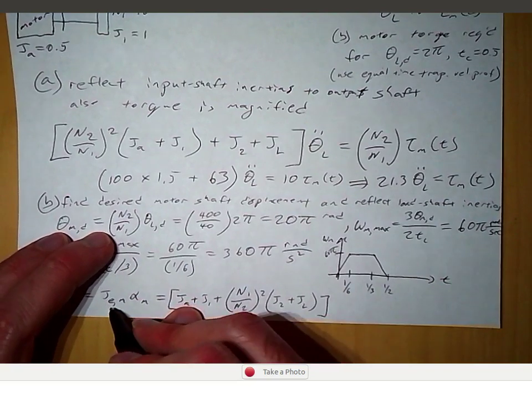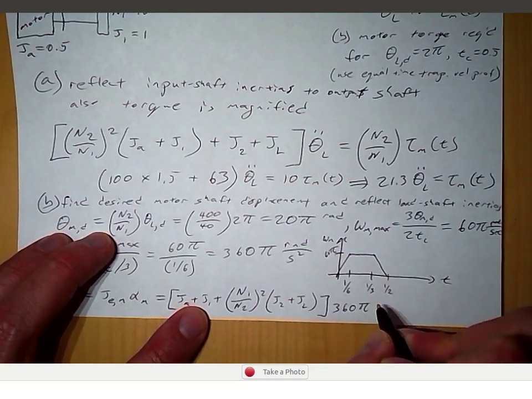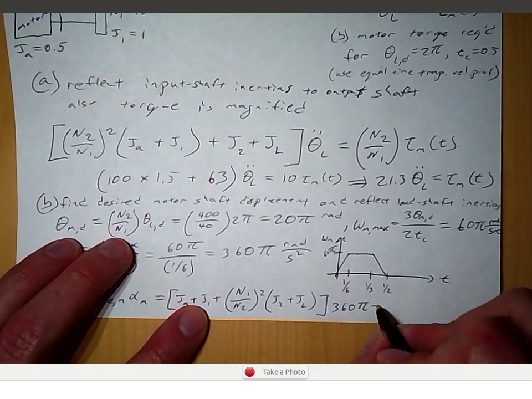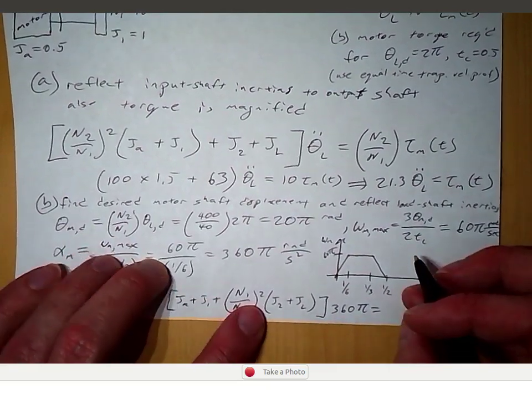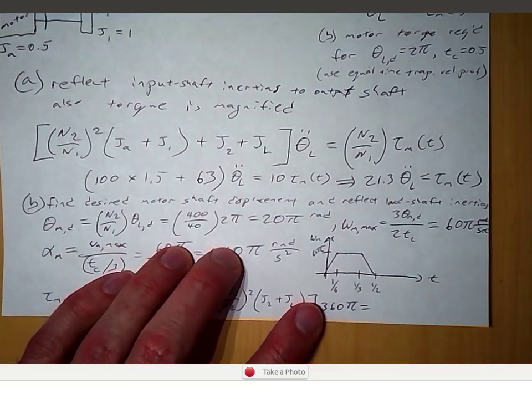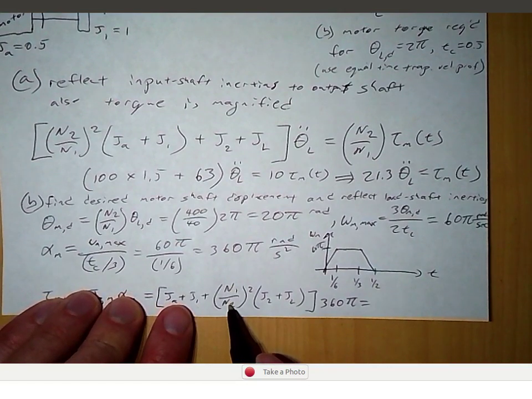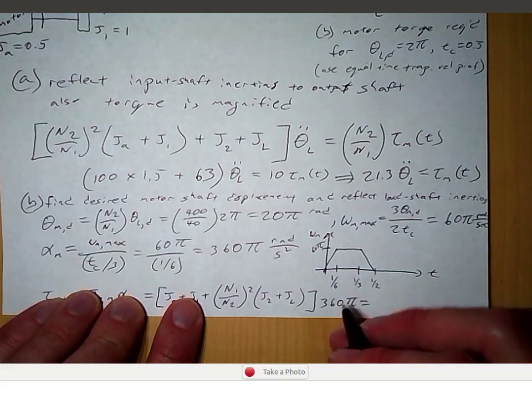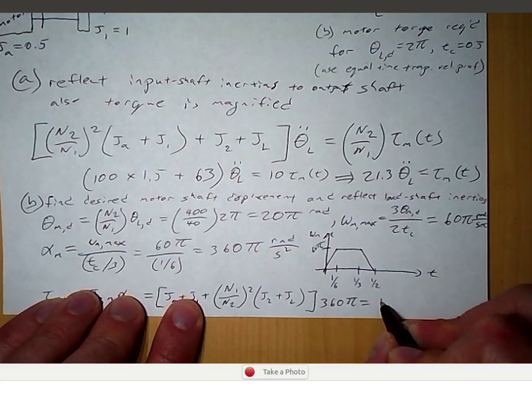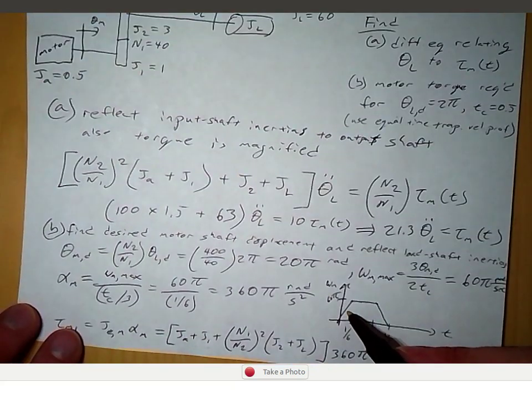And there's our equivalent moment of inertia on the motor shaft. Our acceleration we found was 360 pi radians per second squared. And so we have 1.5 plus, this is 1/10 squared, so 1/100th, 0.01 times 63. And multiply that by 360 pi, we end up with 107 is the torque required for this acceleration phase.